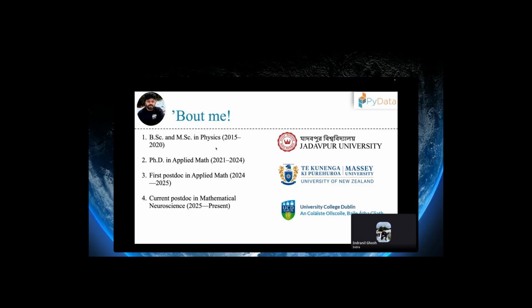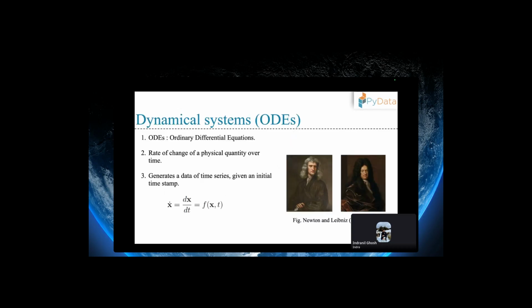So you can see there has been a bit of digression from time to time as my academic career evolved. However, there has been one particular topic that I have always worked in, and that's called dynamical systems.